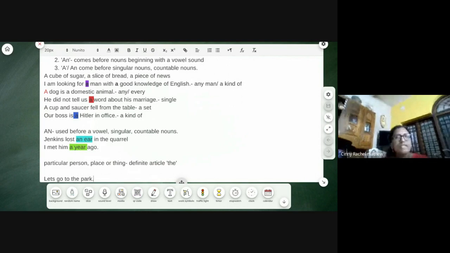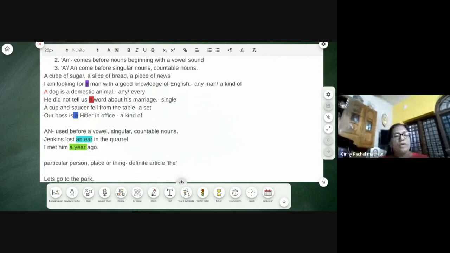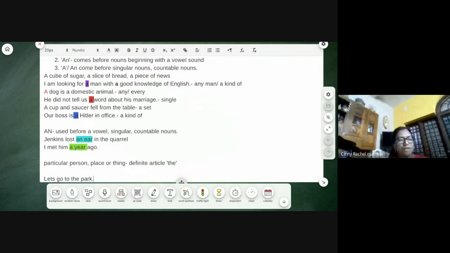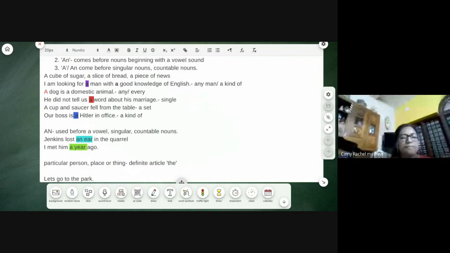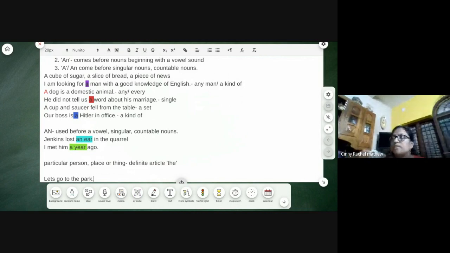So let's go to the park. In that case, there would be only one park somewhere around or near my house. So I hope that is clear about something that is particular, something that you know about, and something that is very near. So the speaker knows exactly what I'm saying and which park I'm referring to. So it's only in that case that you can use the definite article the.